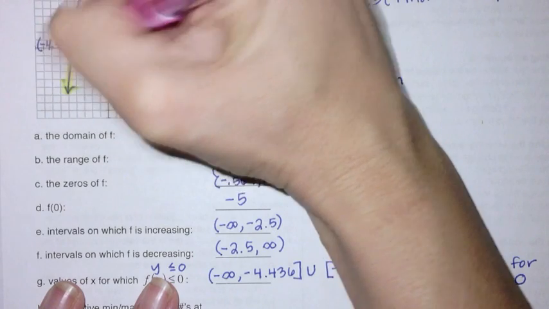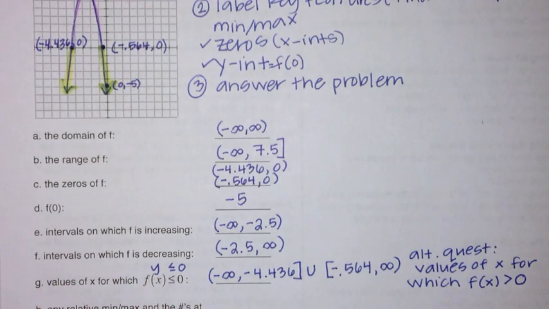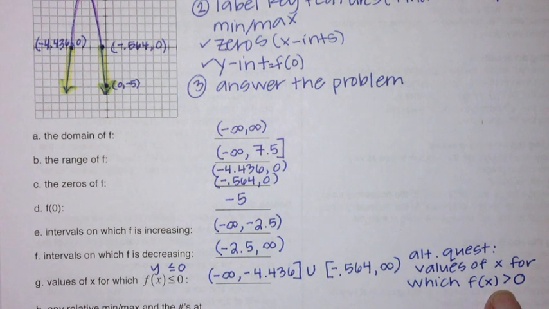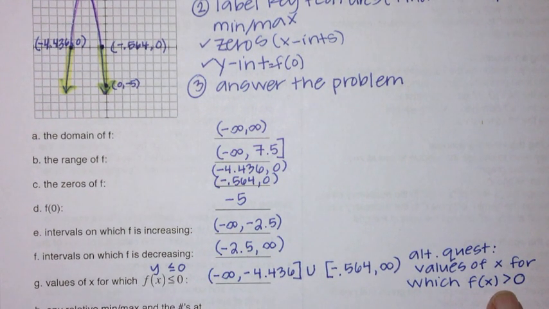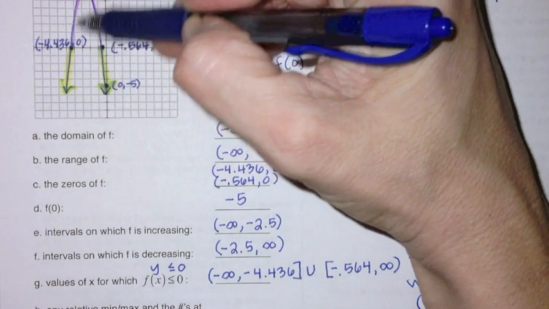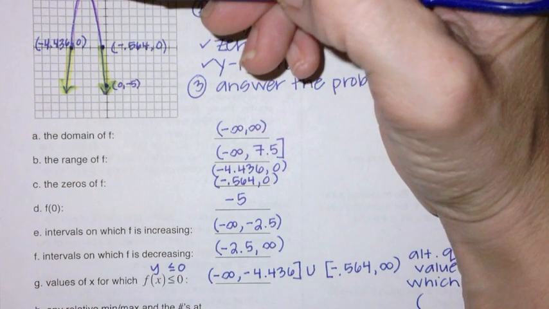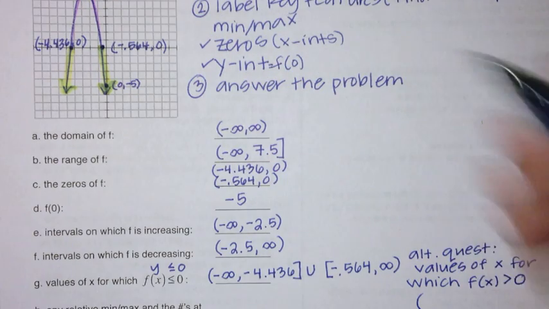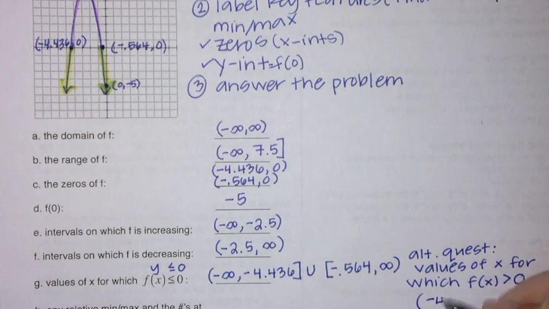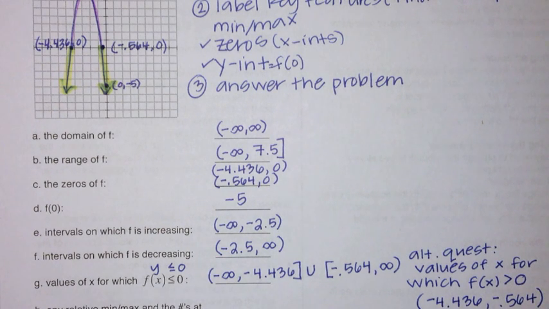So at those zeros right there, it's not greater than or equal to, right? So for this one, if I gave you this question instead, where is it above? Well, it's above all the way here to here. So it would be from negative 4.436 to negative 0.564. And that would be the alternate question.